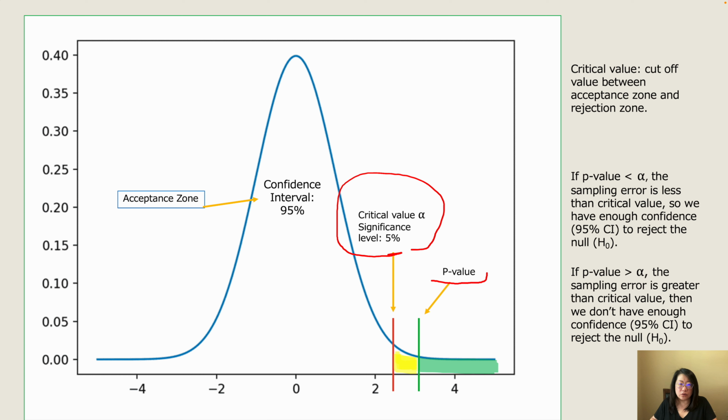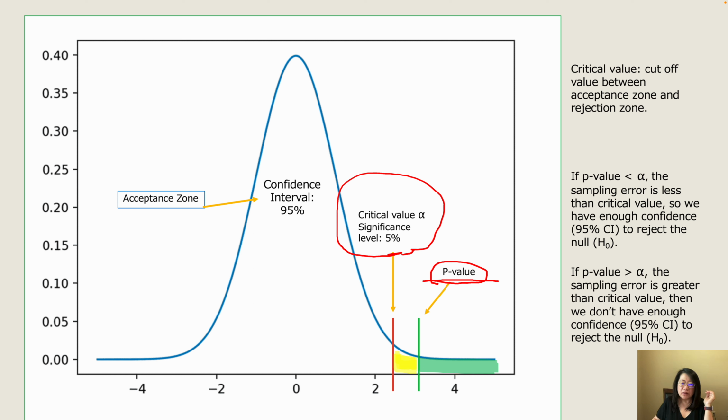And the p-value basically is a statistic that we calculated based on the data. So the critical value is kind of like a standard you set after considering what level of confidence you want to adopt. So once you set the confidence interval, we know where that critical value is. And then you compare the p-value with that critical value.